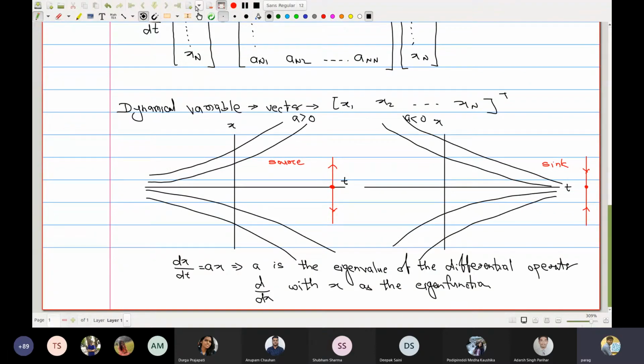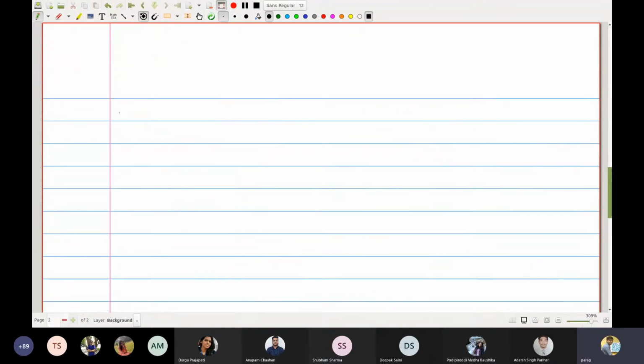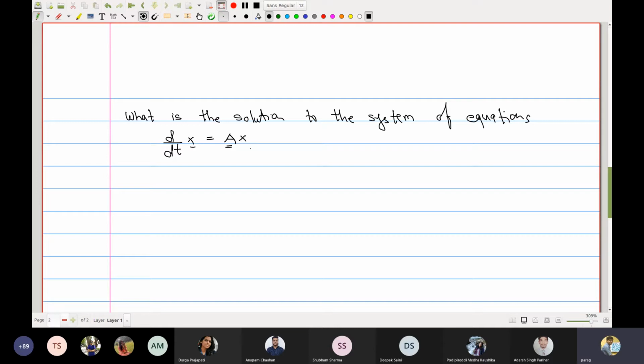Okay, so our first question that remains is: what is the solution to the system of equations d by dt of x equals A x?